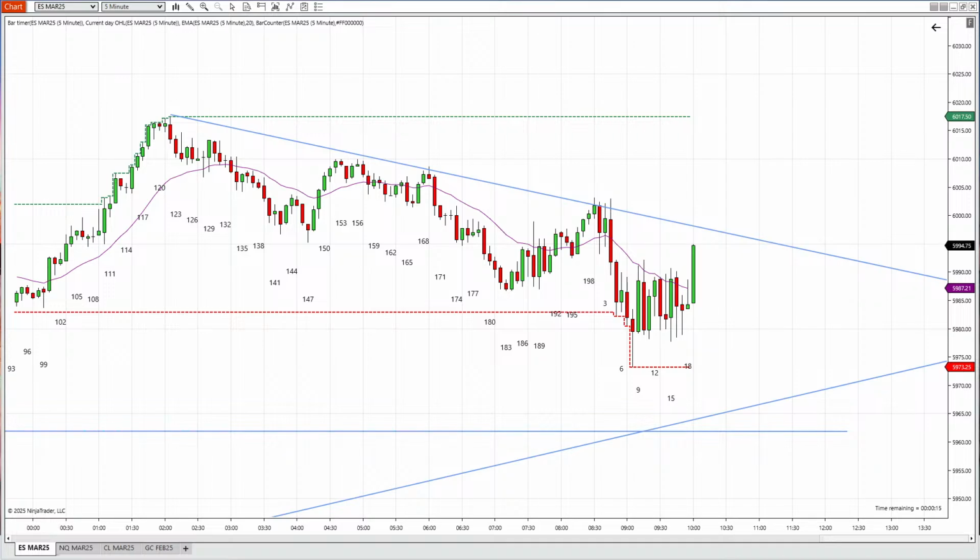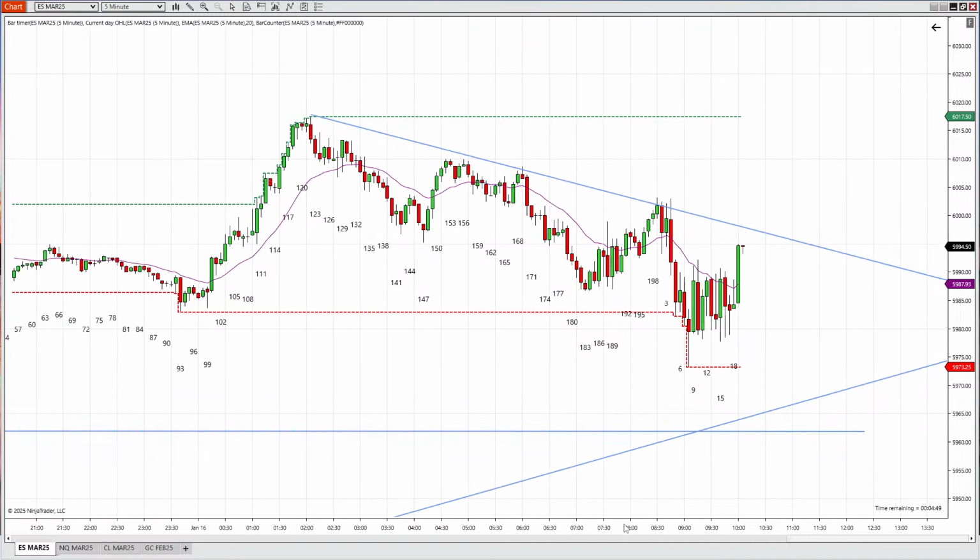All right, big bull bar here. So this is still a wedge. It's still 1, 2, and then 3. Still our profit target. Still in it. We haven't gotten out of it yet.